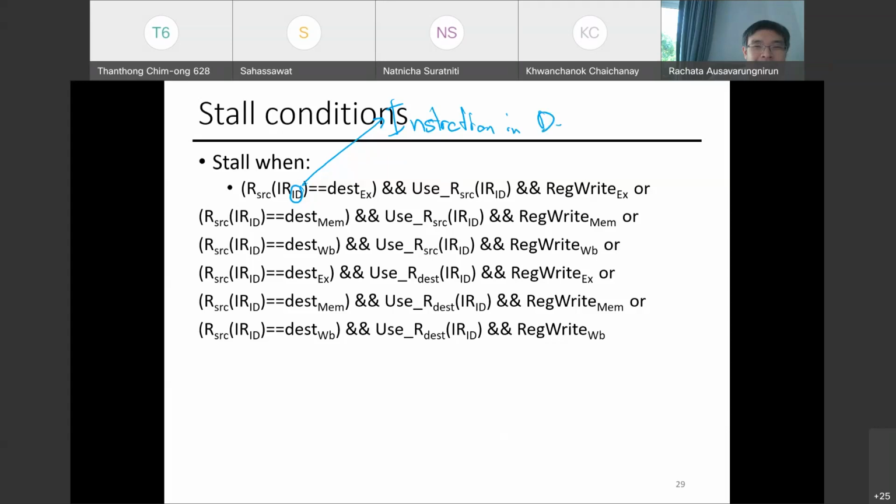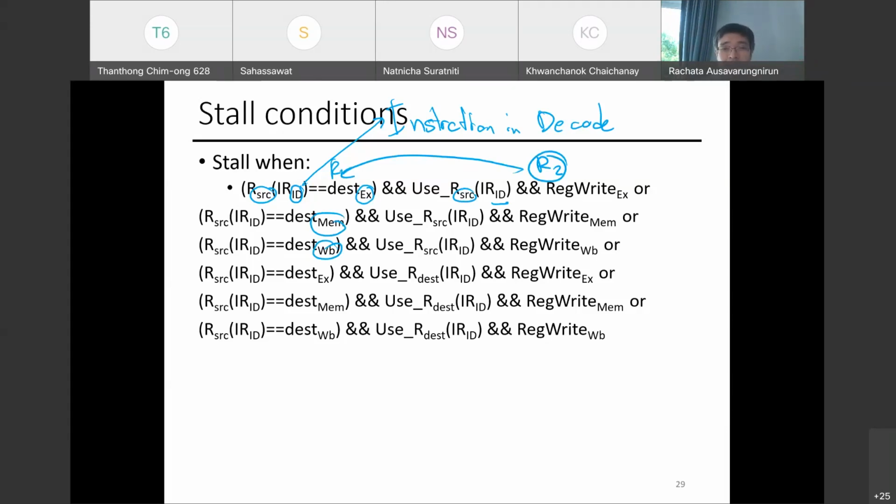In decode, if the source requires some instruction that is inside execute, memory, or write back, you stall. And if the source ID matches, say you need R2 for your source, and someone is producing R2, you stall.